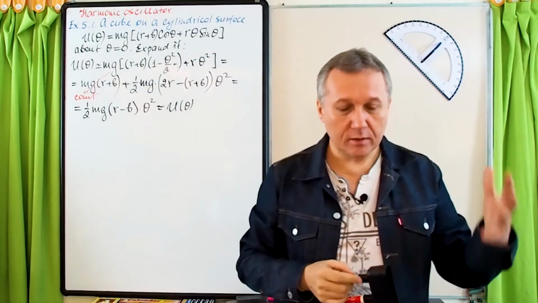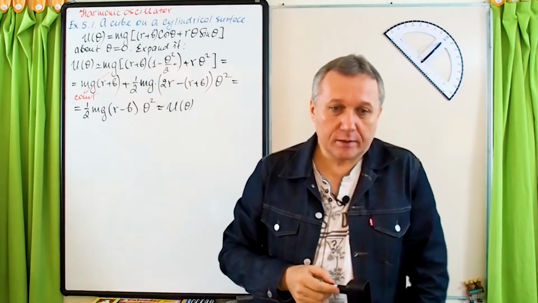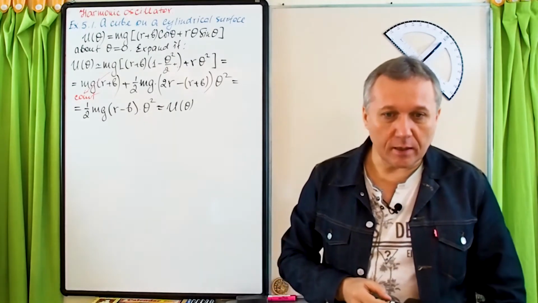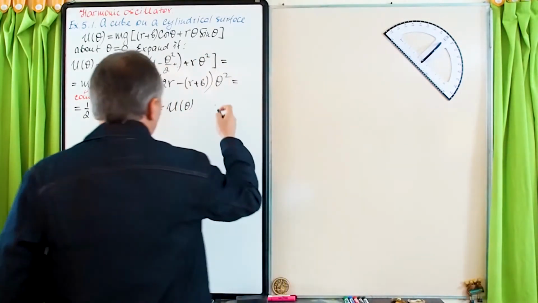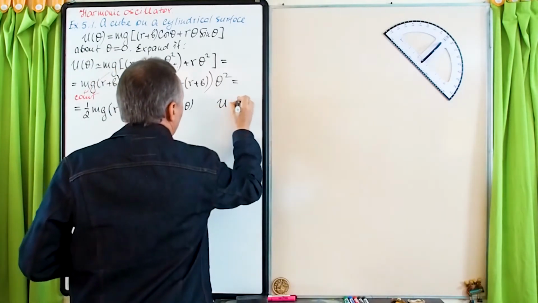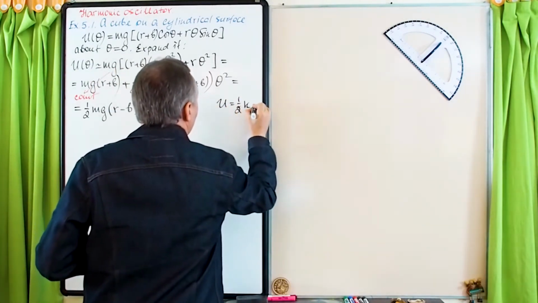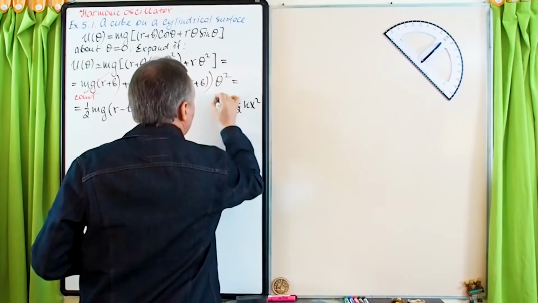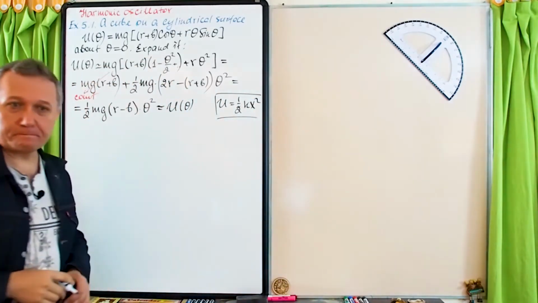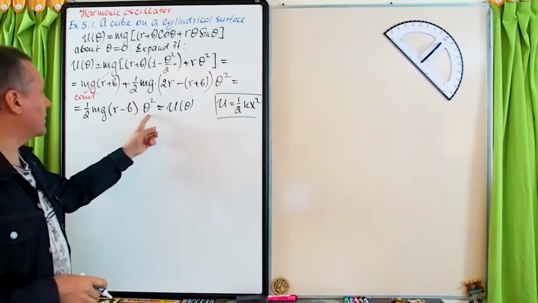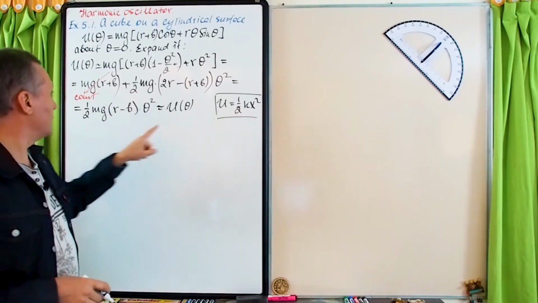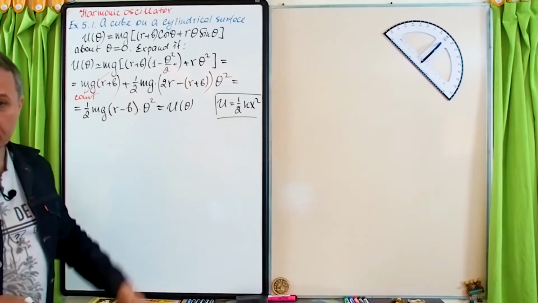And now let's see under which conditions it is stable and what is k, that force constant. You remember Hooke's law, of course, is 1 over 2 k x squared, where x is the displacement from the equilibrium. In this case, instead of x we have theta, and our k is mg (r minus b).